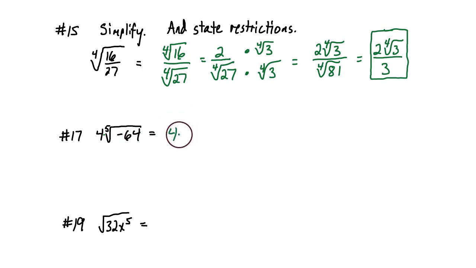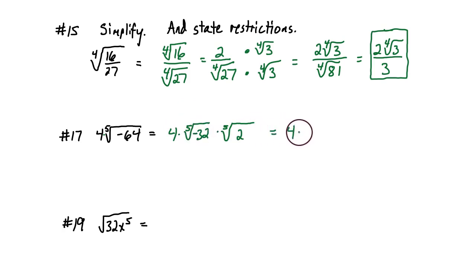Let's try factoring this, or splitting it up into pieces, where one of the factors is a number that you can find the fifth root of. How about using negative 32 times 2? Negative 32 times 2 is still negative 64, and by splitting it up this way, this part will produce an integer.